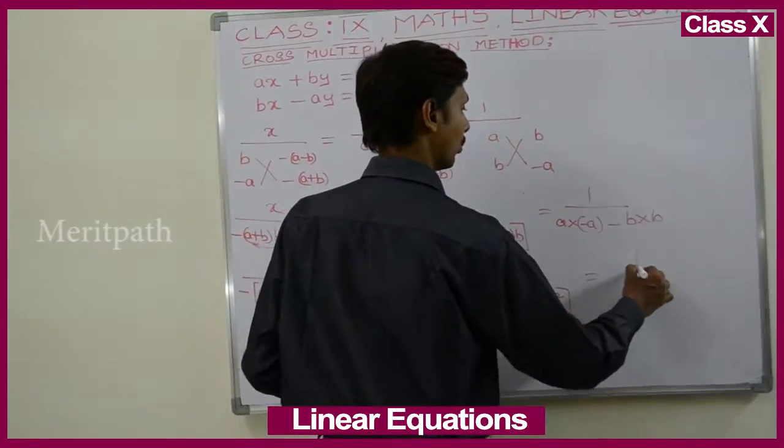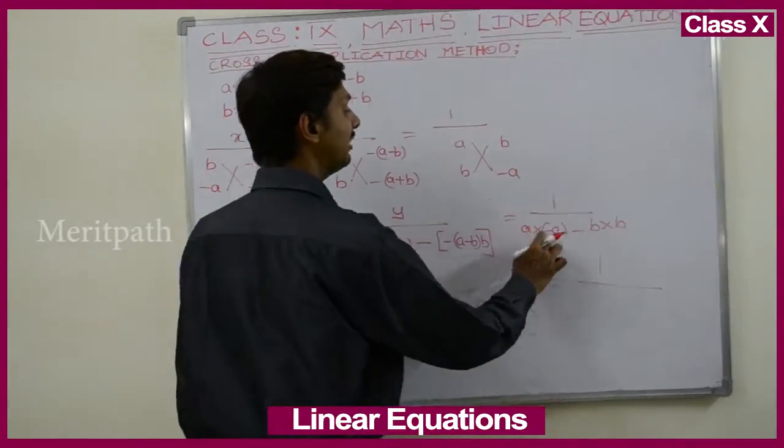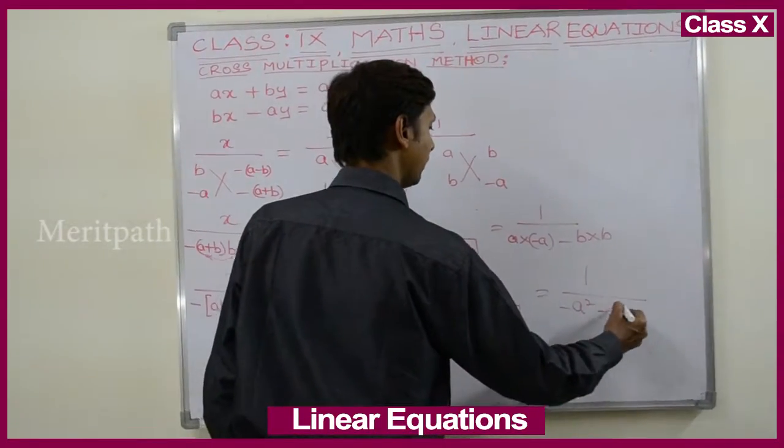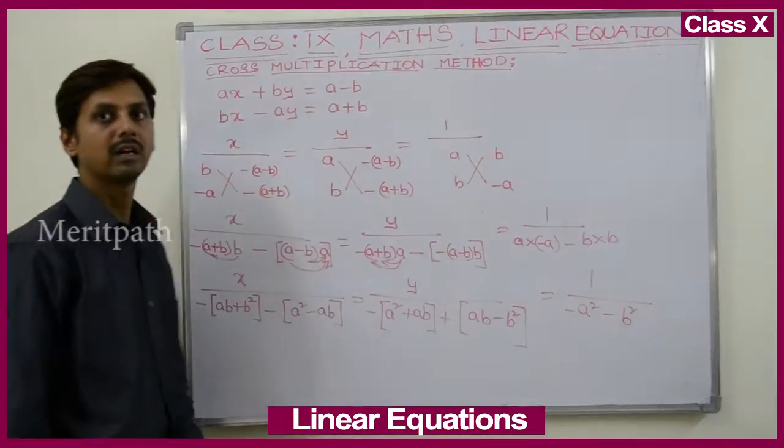Here, 1 by a into a square, plus into minus minus, b into b, b square, that is minus b square.